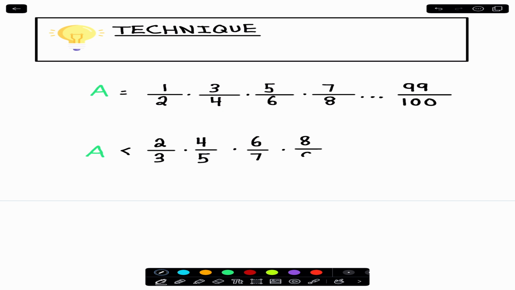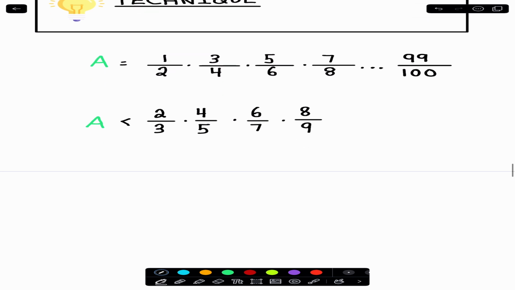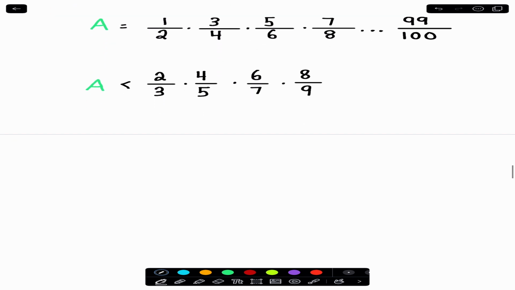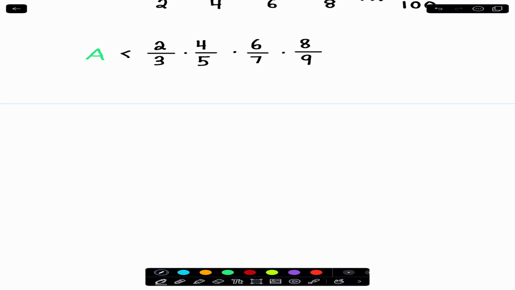And in general, I'm going to do a little aside here. So in general, you take a fraction, A over B, and you add 1 to both the numerator and the denominator. You'll find that you get this inequality.